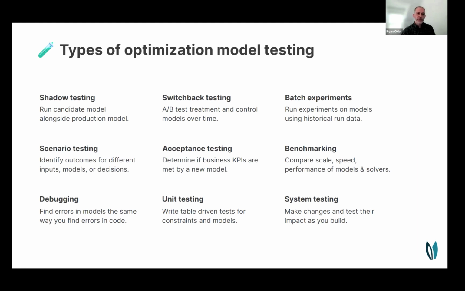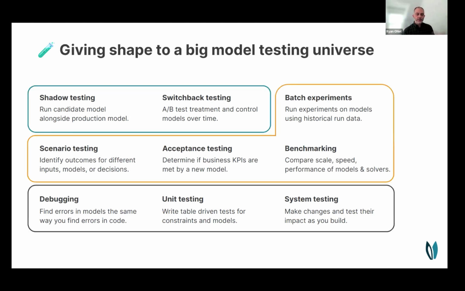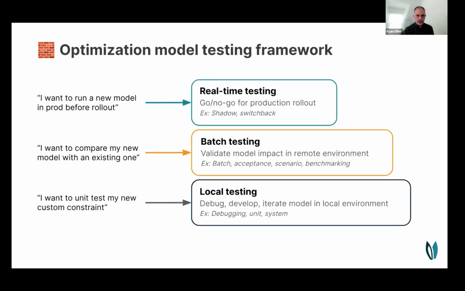And we've developed a taxonomy where we have things like shadow testing and scenario testing, and debugging, which might be local activities a developer would do. Each of these kinds of testing lives in different places and has to be supported in different ways by the platform. As we've done this, we've grouped them together into things like online, offline, real-time, and so forth, and come up with this model testing framework.